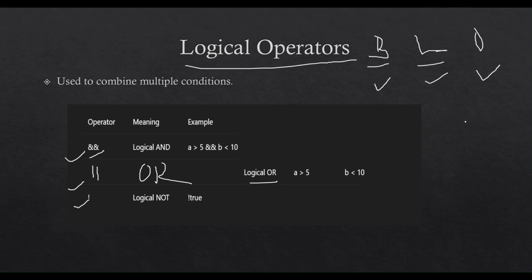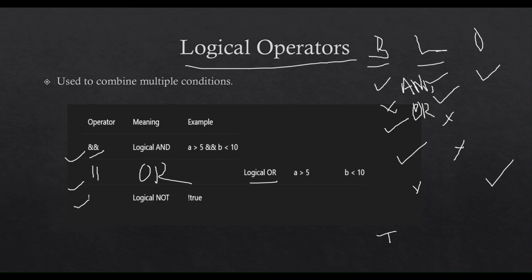If someone else asks whether you are eating your breakfast or lunch, that means any of them. If you miss the breakfast, then you can eat lunch, or you can eat lunch and miss the breakfast. This is considered OR, that means any of them counts, while AND means both are considered. And NOT means, suppose breakfast is true, then not breakfast is false.